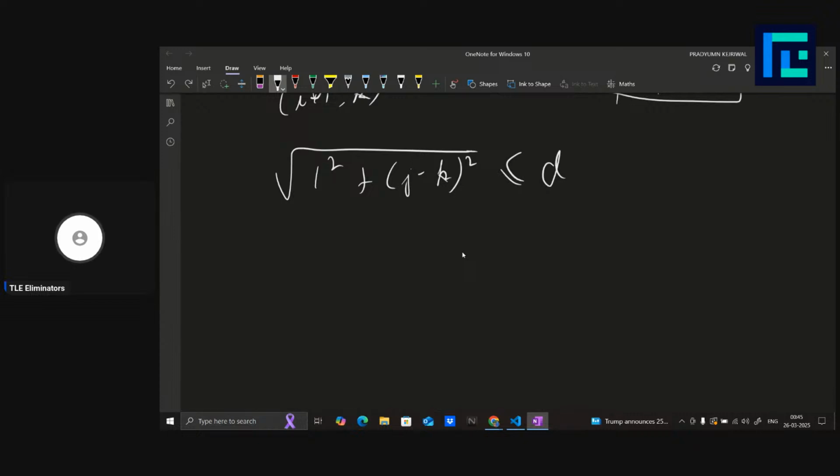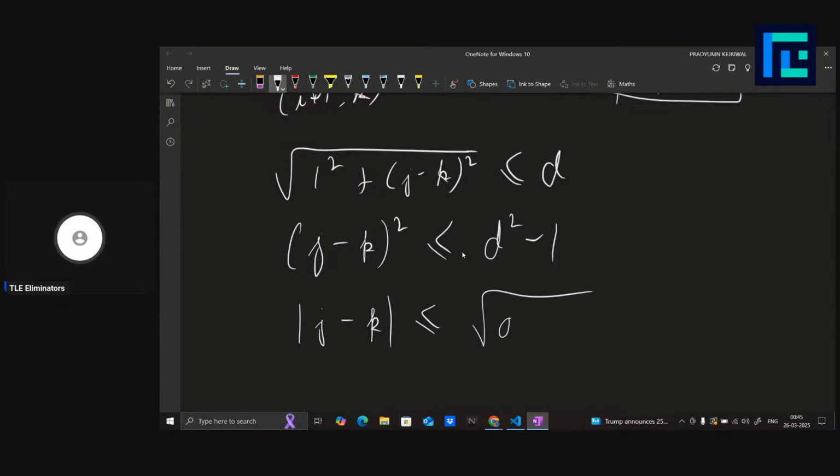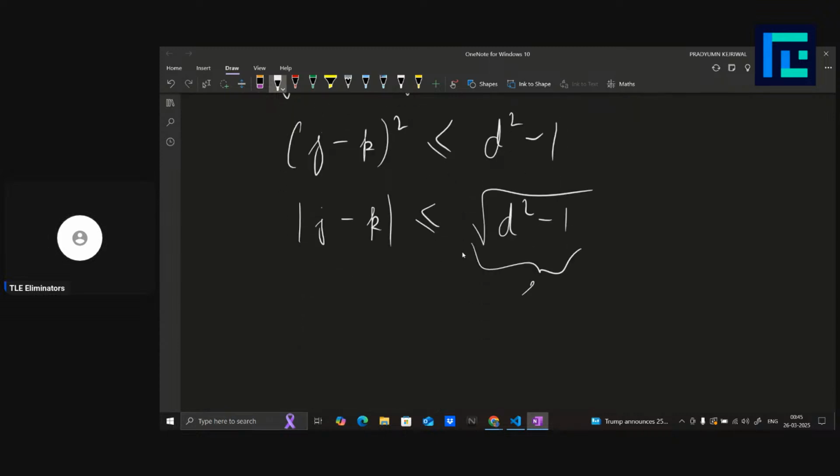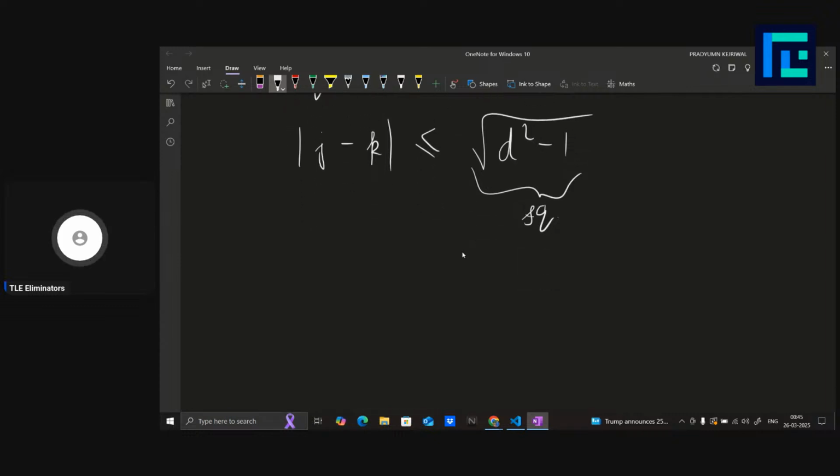So let's simplify this. This means that (j minus k) whole square is less than or equal to d square minus 1. So the absolute value of j minus k should be less than or equal to the square root of d square minus 1. Let's call this value sq, a variable sq. So the absolute value of j minus k, which is the same as k minus j, is less than or equal to sq.